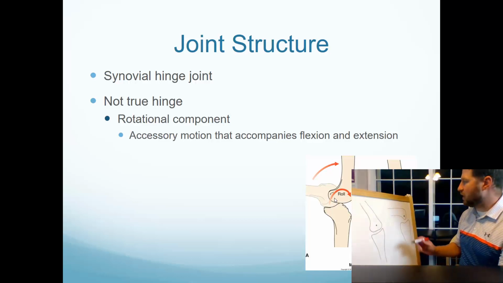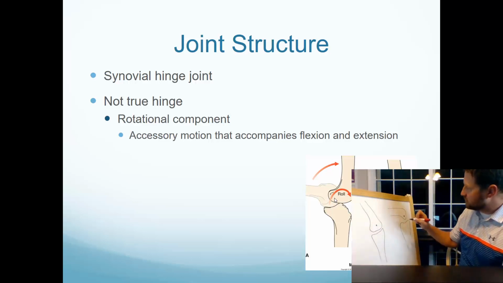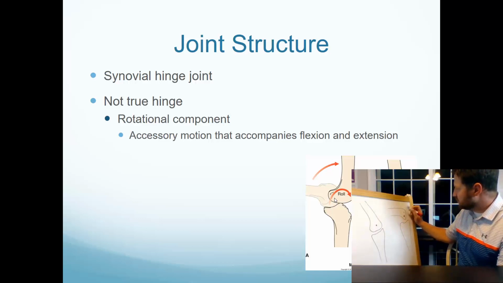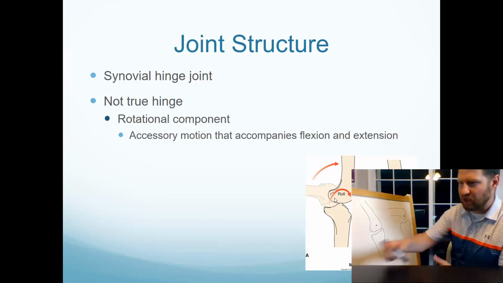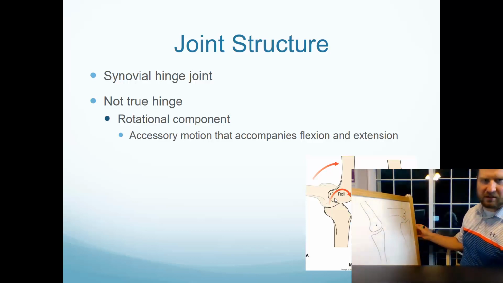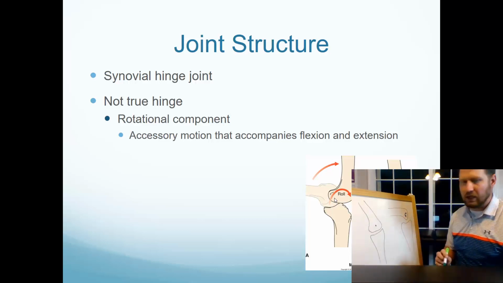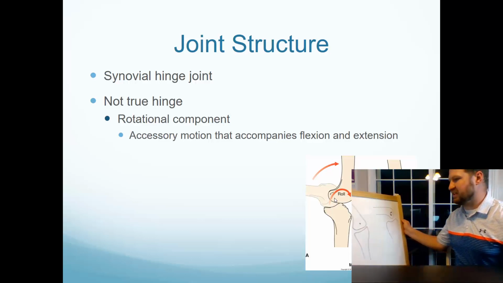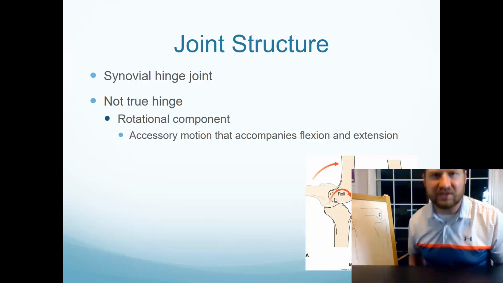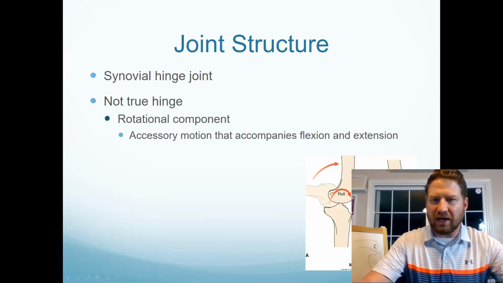So as we go from extension into flexion, that previous center of rotation is now going to move in an arc. And that is the result of that roll and the glide.